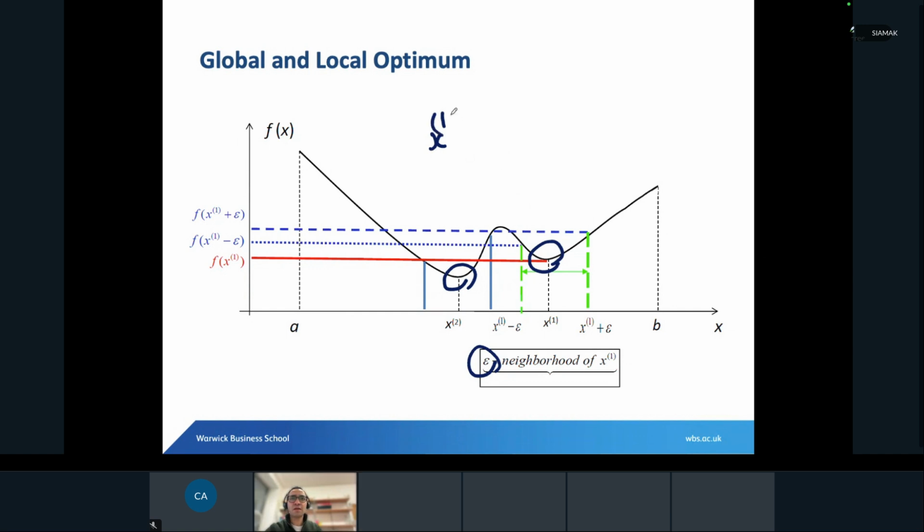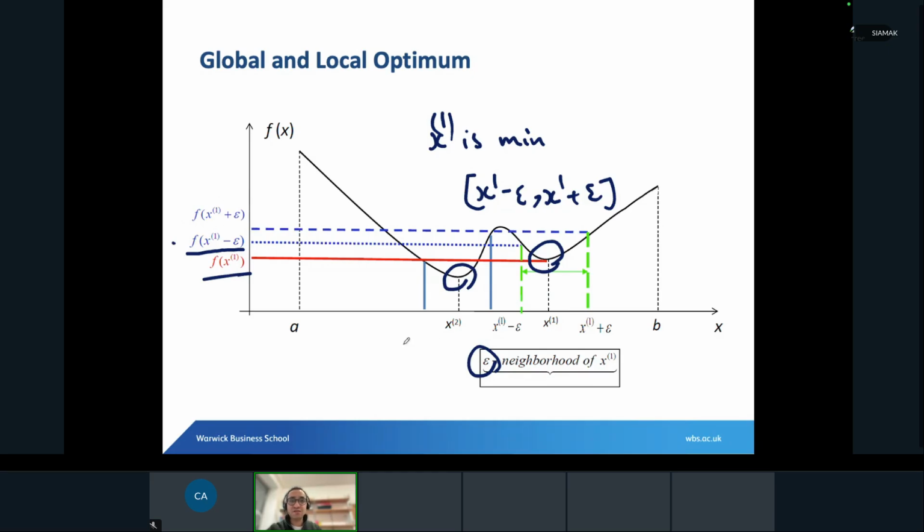So what you can see here is that x1 is the minimum in the neighborhood from x1 minus epsilon to x1 plus epsilon. And we can see that f of x1 is less than or equal to f of x1 minus epsilon and f of x1 plus epsilon.